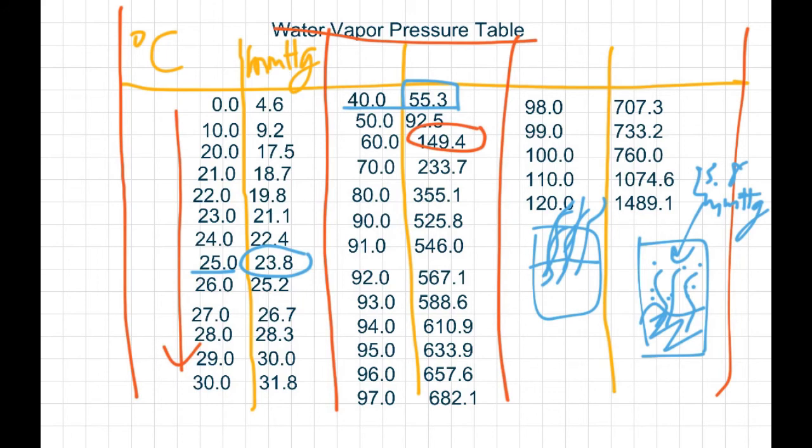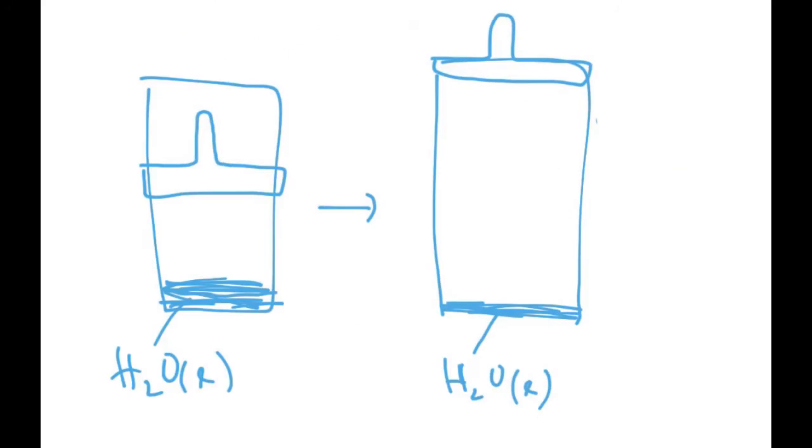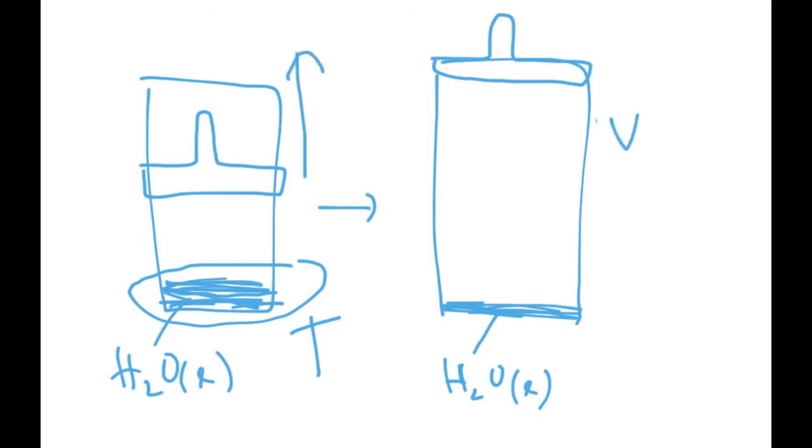So let's take a look at a situation where we have water at the bottom of a closed container and there's a movable piston. We're assuming that the temperature is kept constant. Now let's do something cool. Let's actually move this piston up and increase the volume.